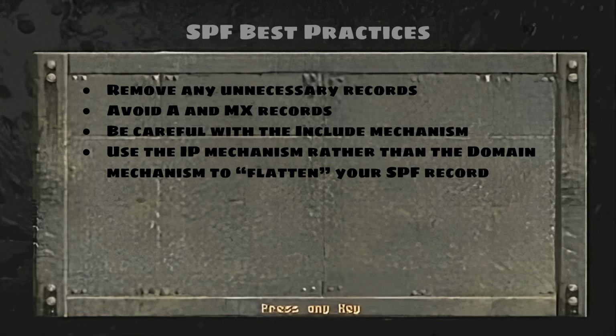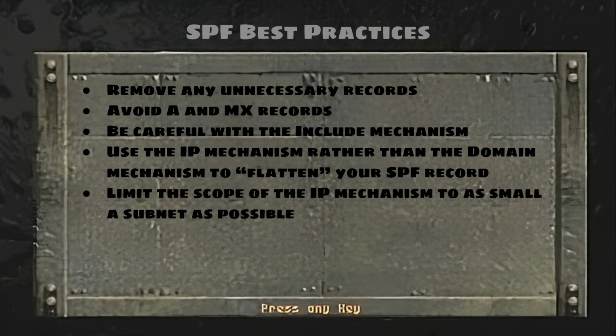So if your email would have matched lookup number 11, it'll fail because SPF will not go beyond 10. So you want to be careful when you craft this such that you don't exceed 10 lookups. And that's where the IP mechanism comes in handy. Rather than adding a domain to your SPF record, you can add an explicit IP, and there's no lookup needed at that point.